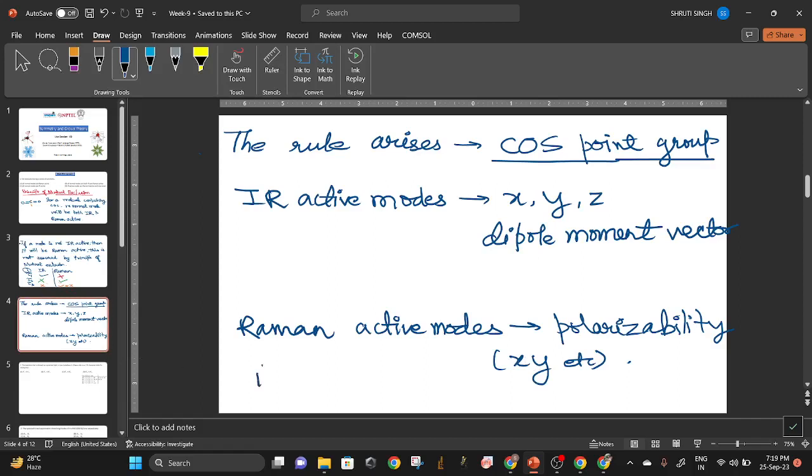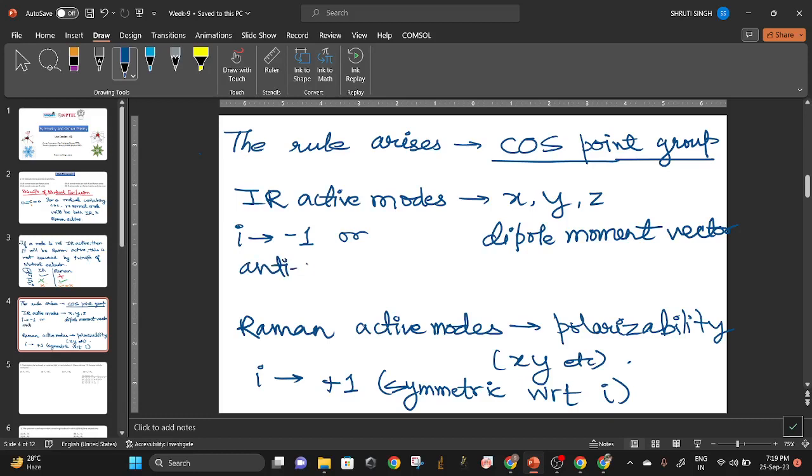Under inversion, the character will be plus 1, or symmetric with respect to I. And since x, y, z is a single basis set, the character under I will be minus 1, or anti-symmetric with respect to I.